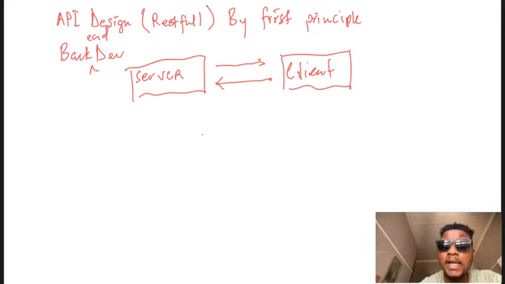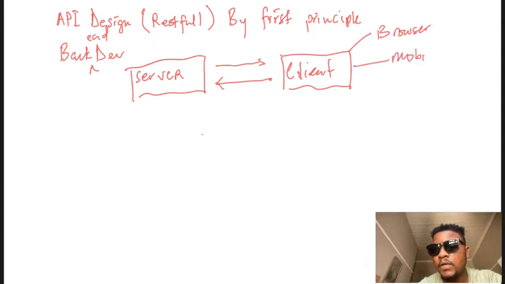So what's a client? A client can be anything. It can be a browser, it can be your mobile app, it can be an API as well. So it can also be another API consuming another API.